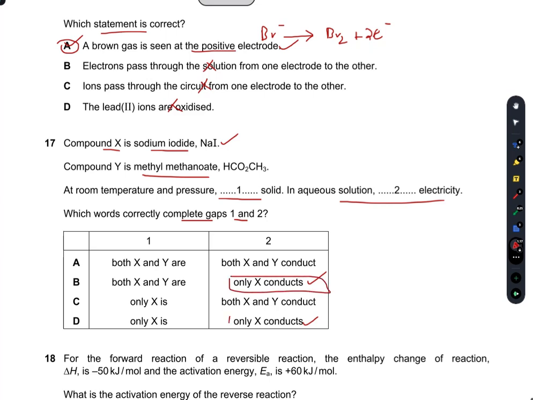I would go with this. For the state at RTP, X is sodium iodide, so it is ionic in nature and a solid. Methyl methanoate is an ester, so it could be a liquid or a gas. So only X is a solid at RTP. So D is our right option.